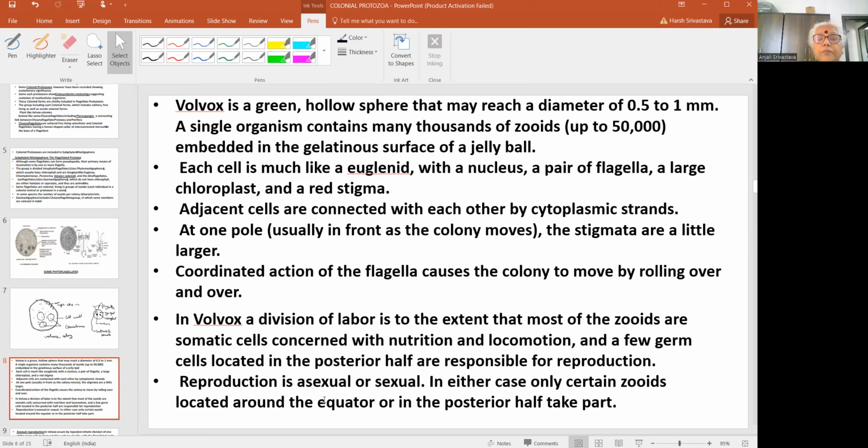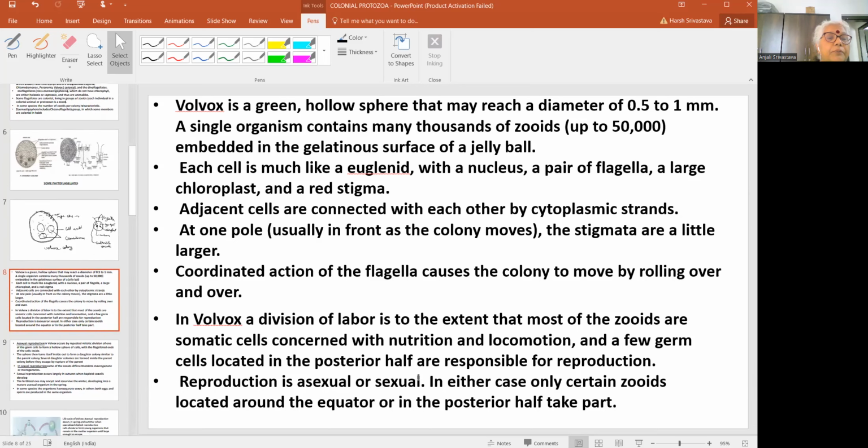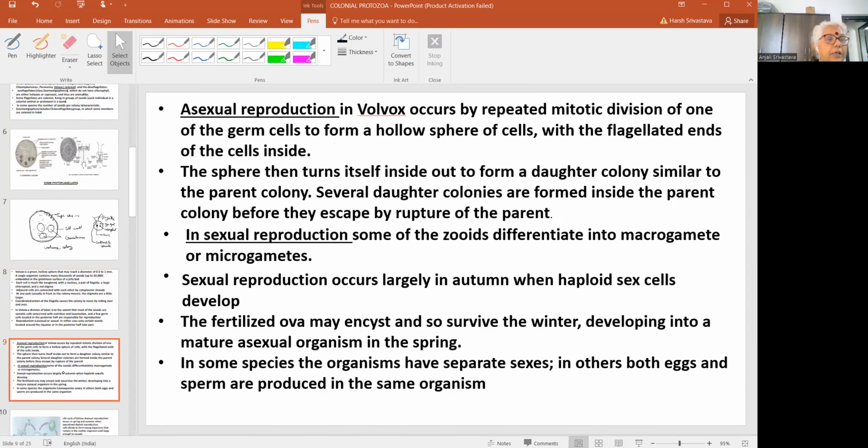The reproduction is mostly asexual, and sometimes these reproductive forms become modified and convert into macro and micro gametes, behaving as the sexual gametes.